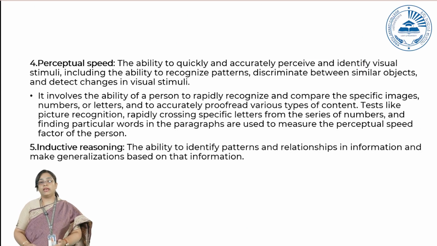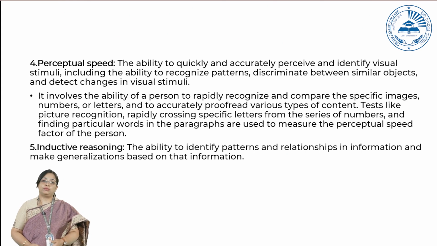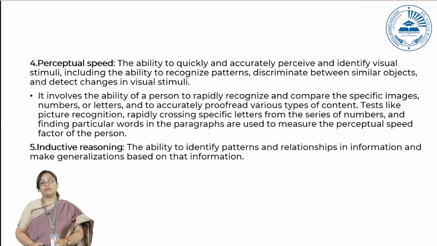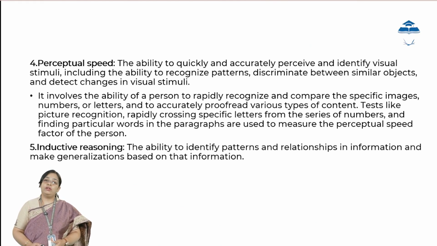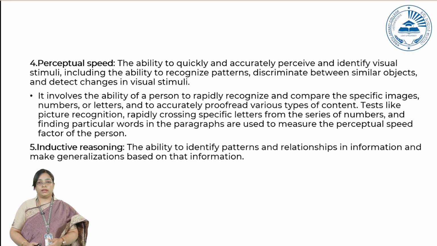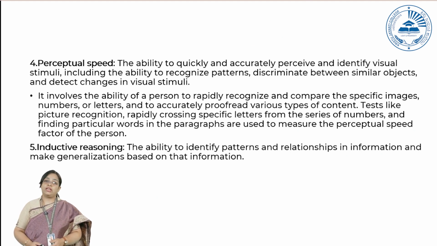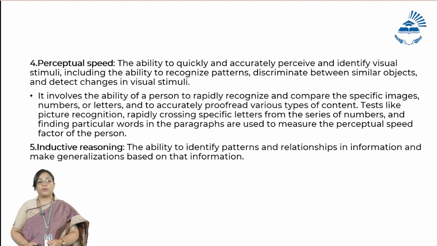Let's move on to the next, which is the perceptual speed. The ability to quickly and accurately perceive and identify visual stimuli, including the ability to recognize patterns, discriminate between similar objects, and detect changes in visual stimuli, is what is known as perceptual speed.